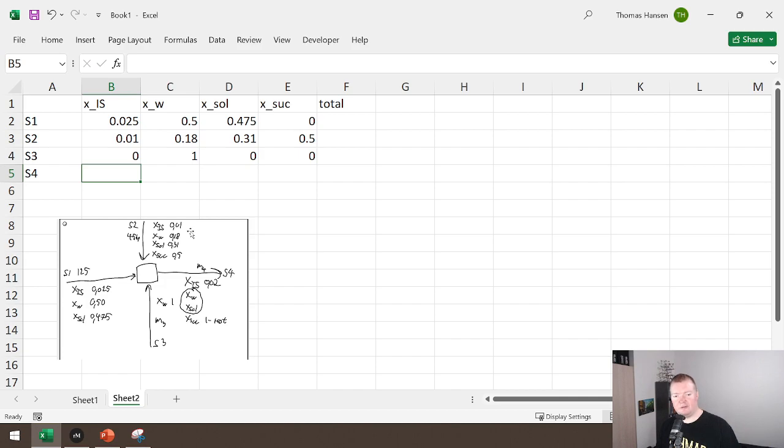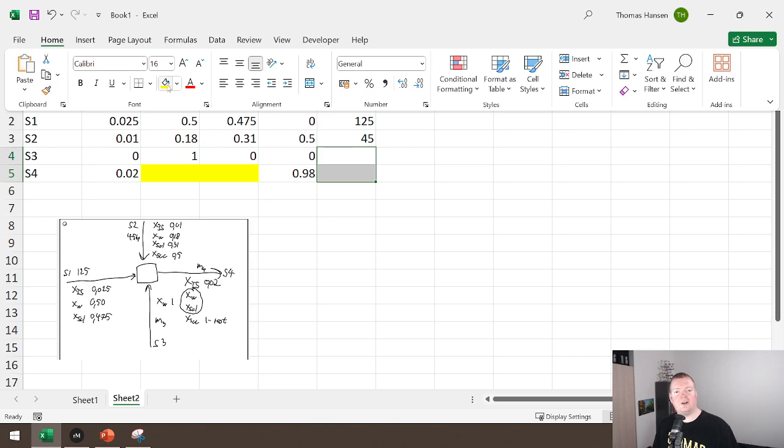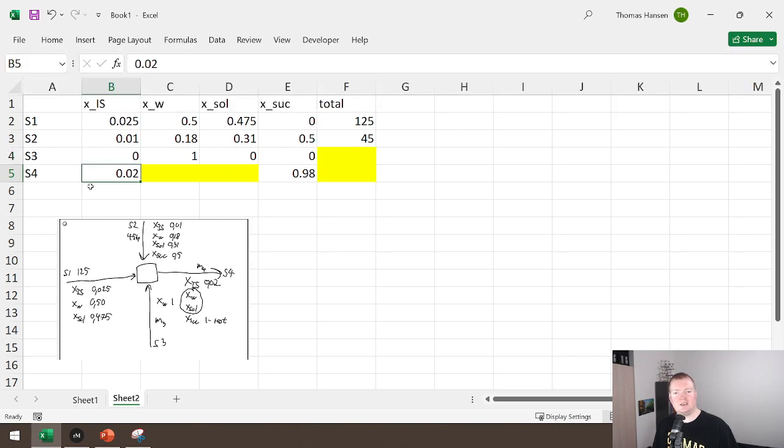And for our stream 4, all I know is that one has to be 2%. And let's just make it easy and say this one minus the sum of the others. So that means I have those 2 as unknowns. I know I'm feeding in 125 and 45 kilograms. Those 2 are going to be unknowns as well. 4 unknowns, just as expected.